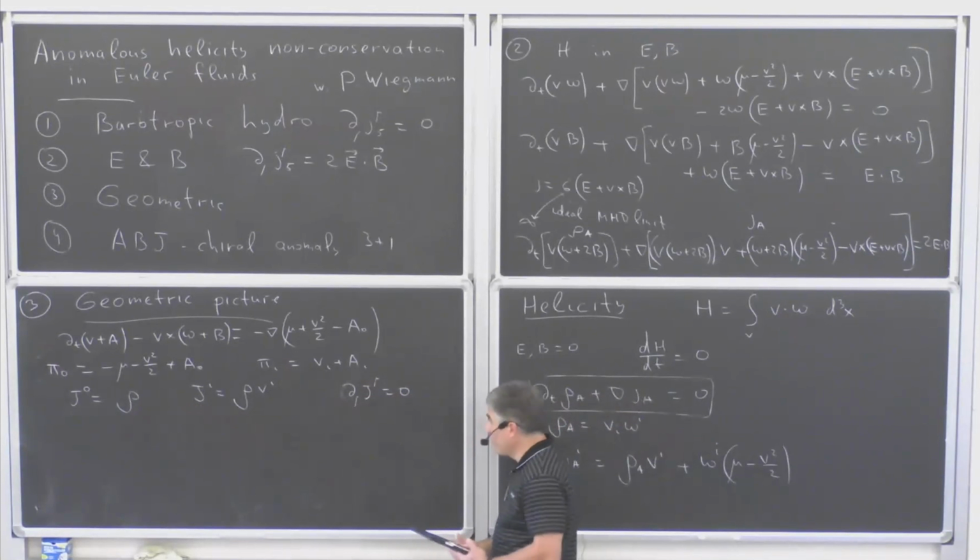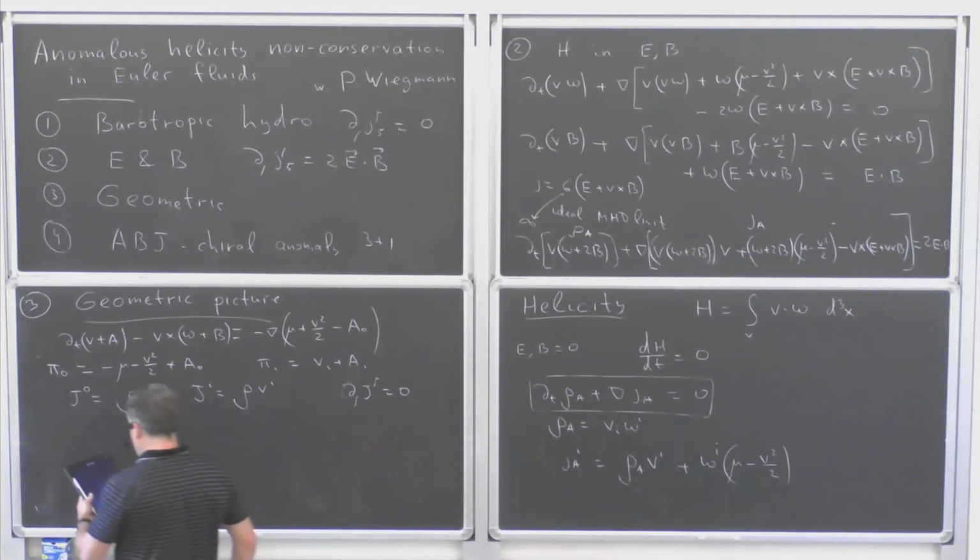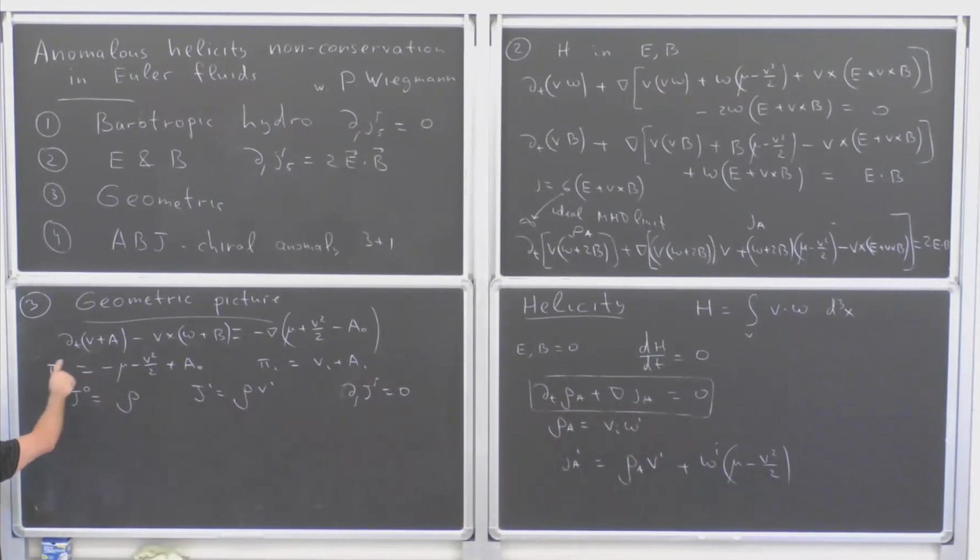Okay, and more importantly, with these notations, I can rewrite this equation in the following way. Let me first write it, and then I'll roughly show you how it goes.